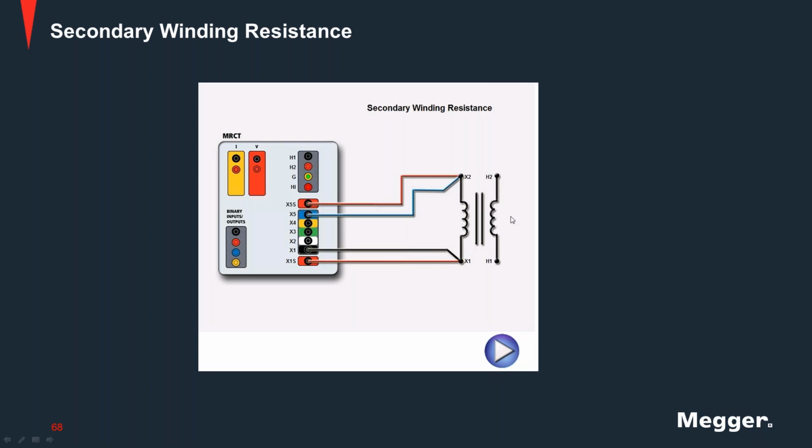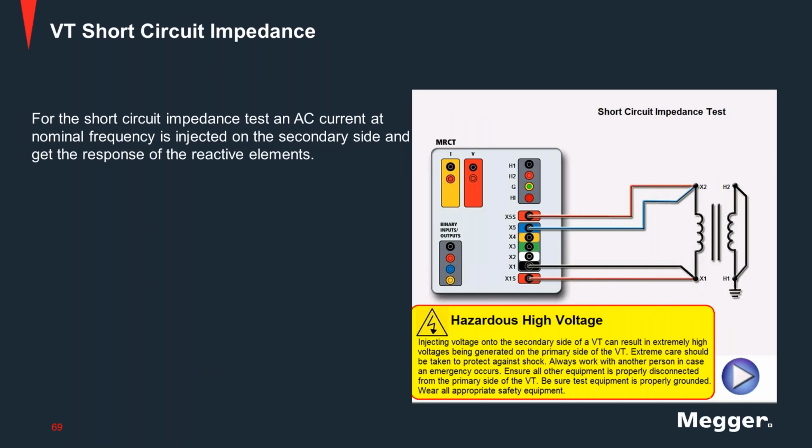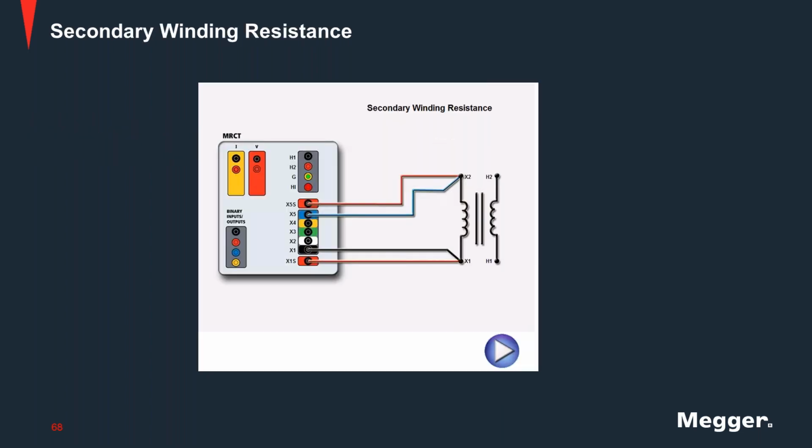That means it has a higher resistance. And we get the resistance reading. If we have any other VTs of the same specification, we can compare the resistance reading that we got with the reading of the other VT.